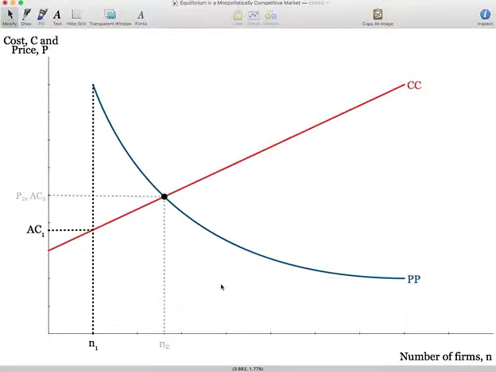So we have an average cost at that particular level with that number of firms. If we keep going upward, we'll hit the PP curve, which gives us the relationship between price and the number of firms, and that will tell us what the price is. Again, let me duplicate that and move that up there.